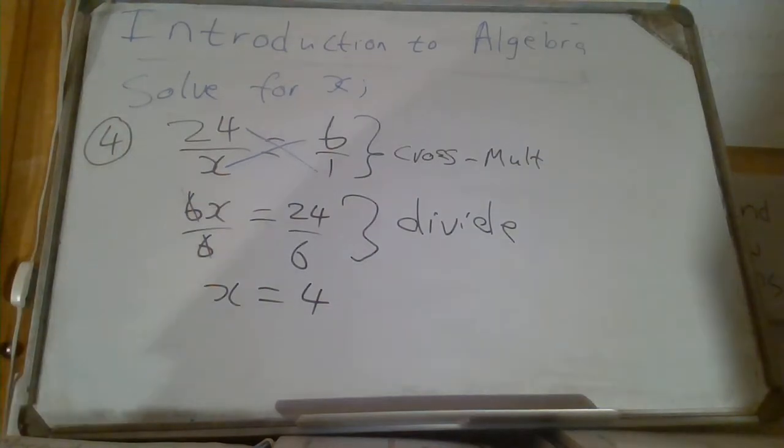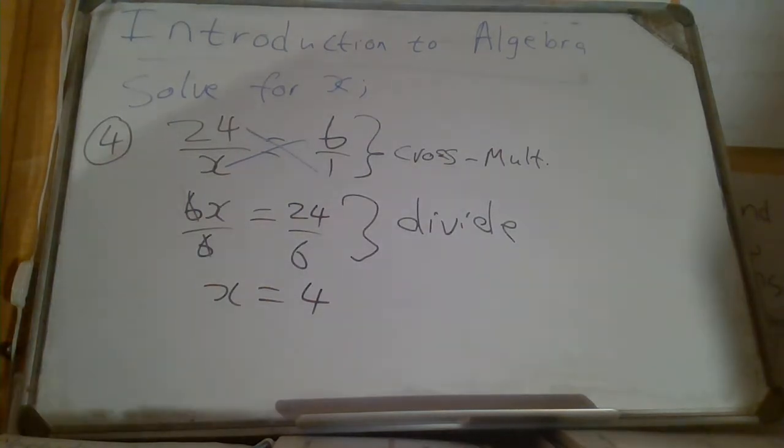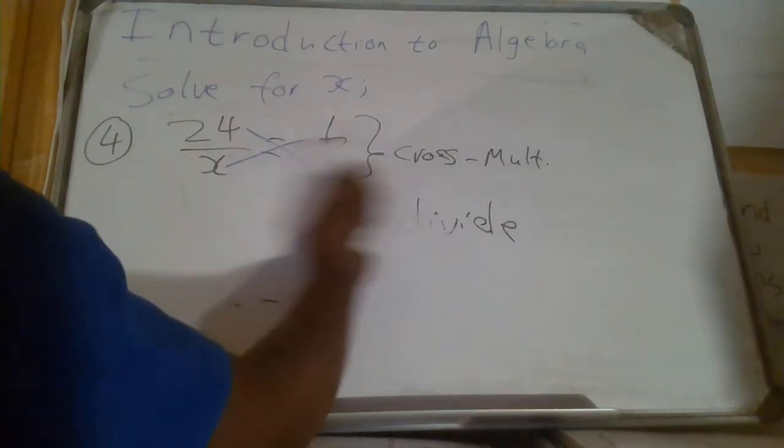Now I'm no longer using only one method. I've used two methods in one problem. So ladies and gentlemen, personalities, there are times where you use two methods or even more methods in order to solve the problems that you're supposed to solve, right? So I want you to be very aware of that.